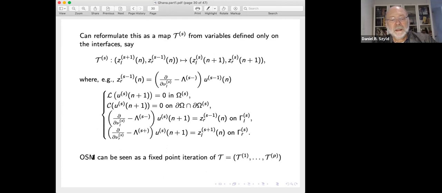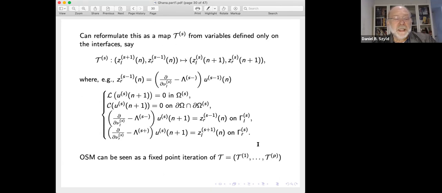And optimal Schwarz can be seen as finding the fixed point of this iteration. I have now a product map with the maps for each subdomain. And I want to find the boundary conditions that give me the unique solution to the problem.